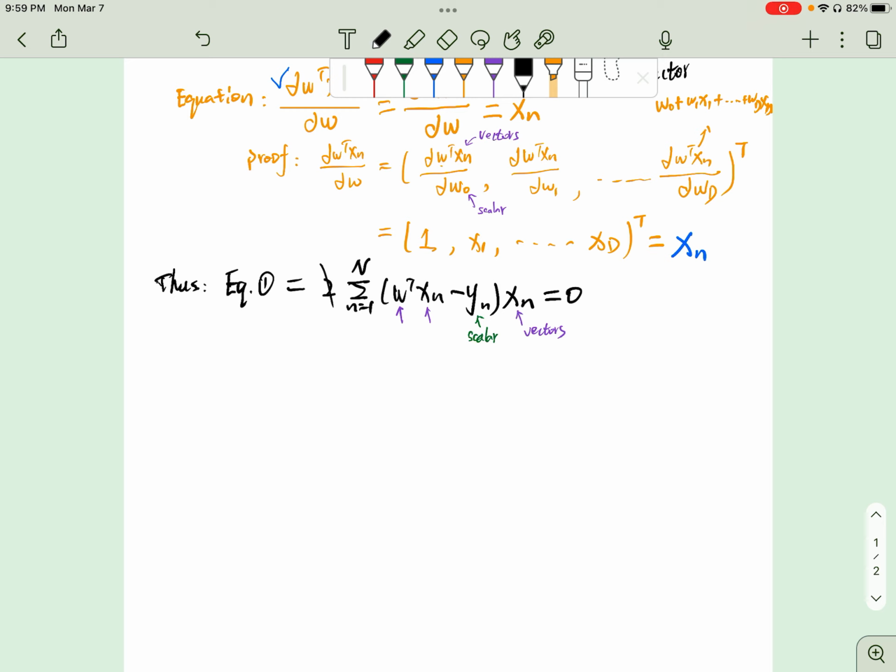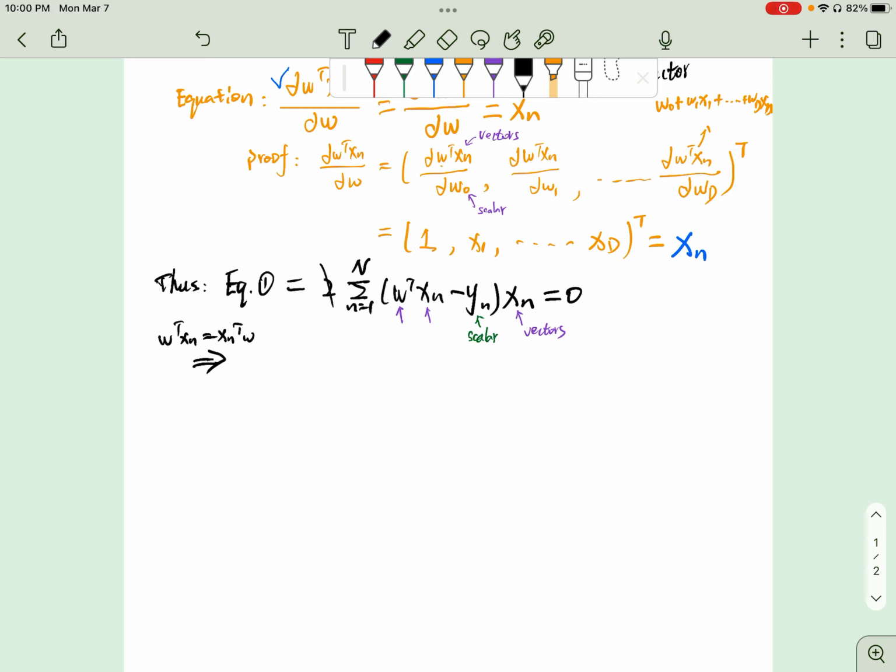So after I have done this, we have said that omega transpose multiplied with xn will equal xn transpose multiplied with omega.